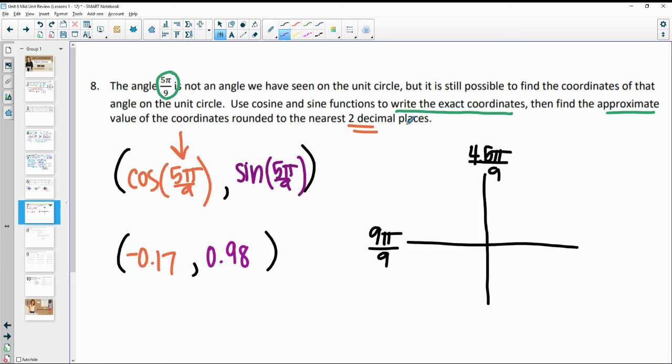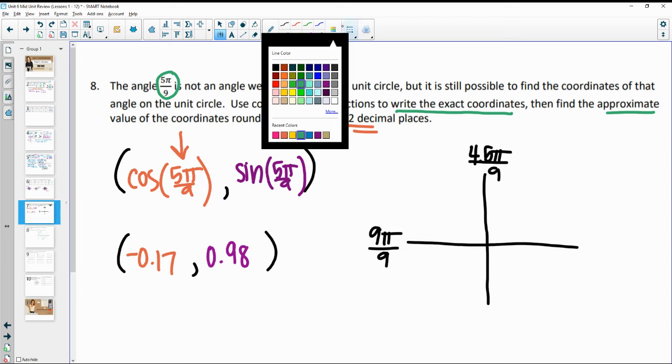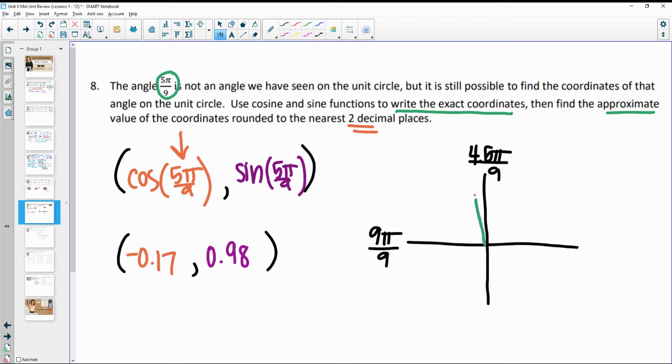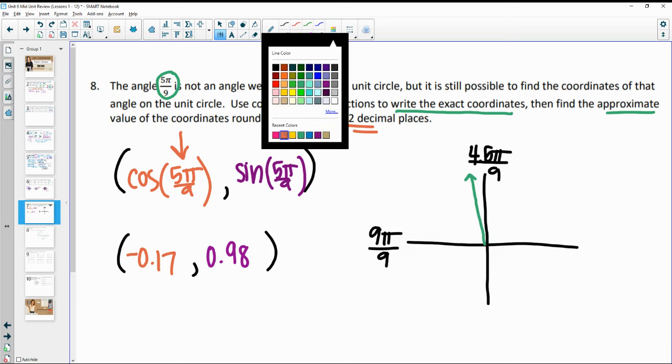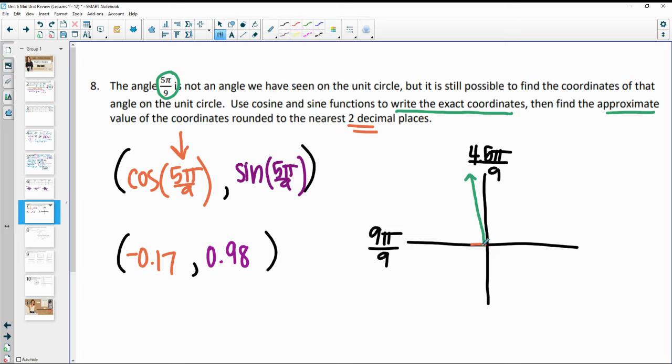So our angle is going to be really close to halfway, but just on this side. So it would make sense that our x coordinate is negative and not very big negative. And then that our y coordinate is almost equal to 1, since that's pretty close to straight up. So it's pretty close to 0, 1. So this makes sense, so then I know I calculated correctly.